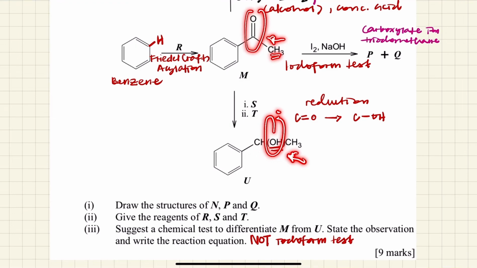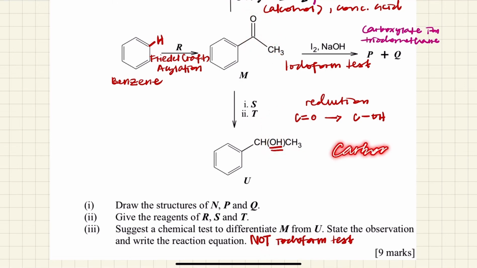So clearly you cannot use the iodoform test. You need to use a chemical test that will distinguish between carbonyl and alcohol. It will either give a positive test for carbonyl and negative test for non-carbonyl, or a positive test for alcohol and negative test for non-alcohol.